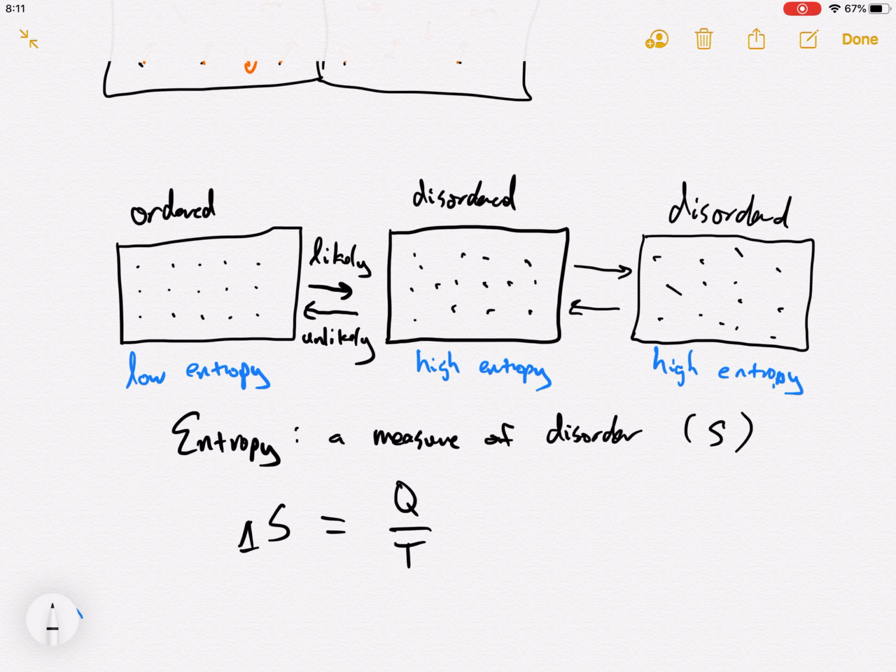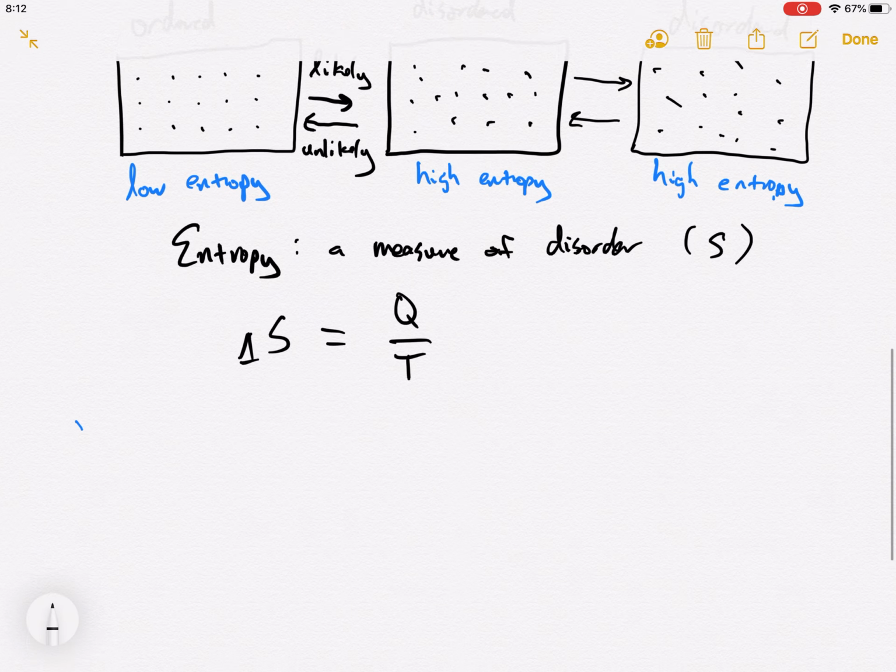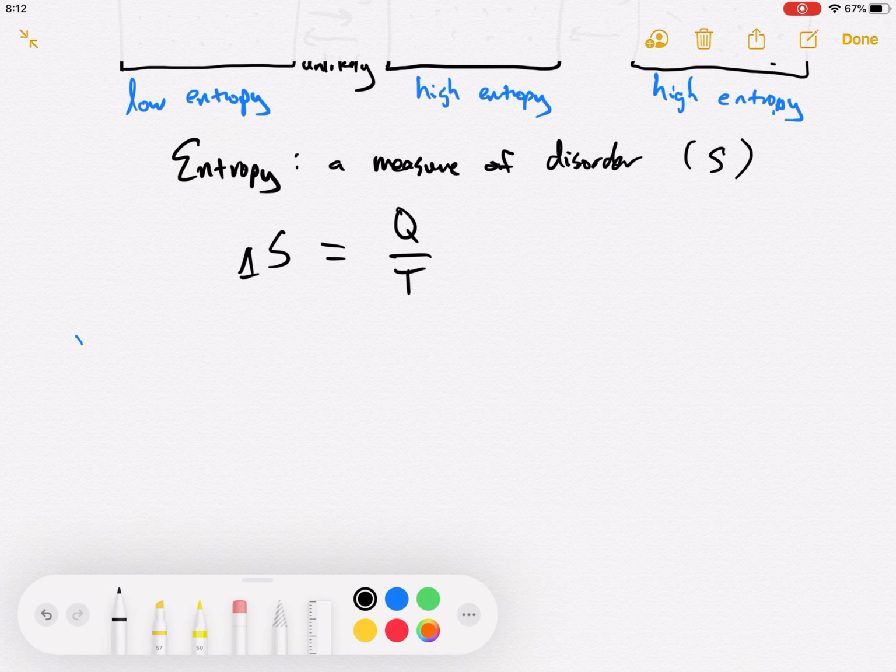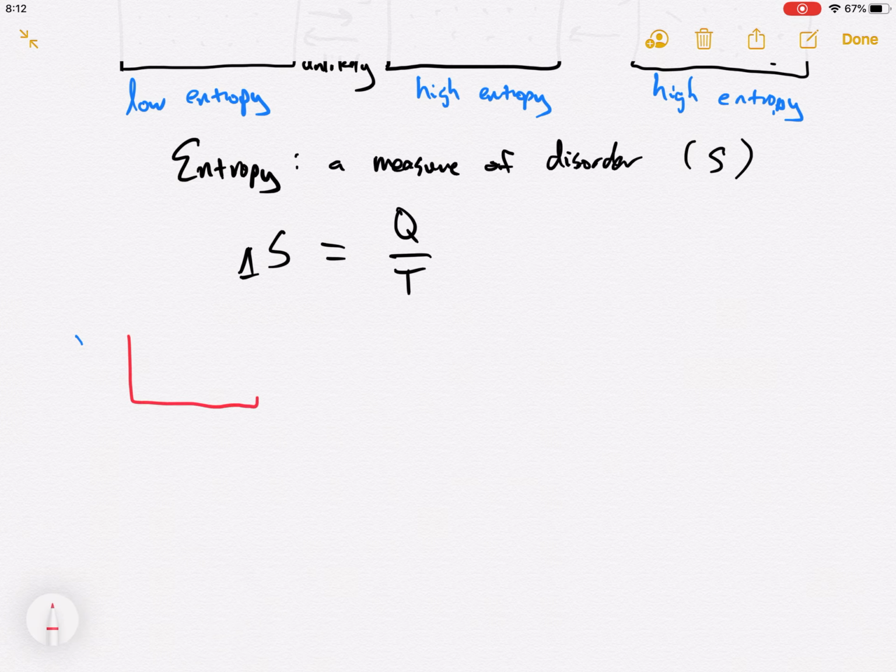I just wanted to give you this because it's going to help us understand why there's a maximum efficiency that's smaller than what the first law of thermodynamics dictates. Okay, so let's draw our heat engine one more time.